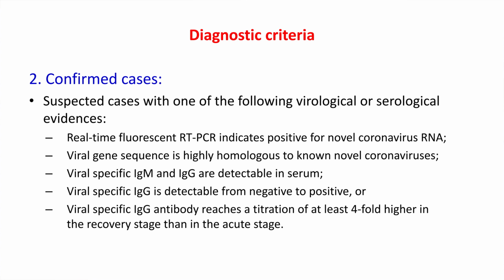Or viral-specific IgM and IgG are detectable in serum. Or IgG alone goes from negative to positive, or the titration reaches at least four times higher in the recovery stage compared with the acute stage.